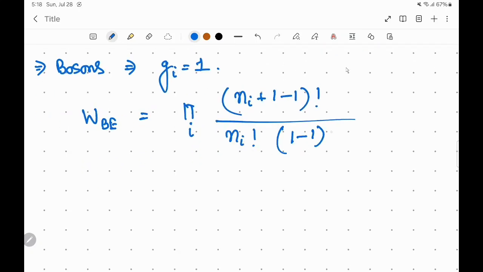Gi is 1, so 1 minus 1 factorial. Okay, so it is correct. So if there is no degeneracy in a quantum mechanical particle in a level, you can directly write down there will be only one orientation.